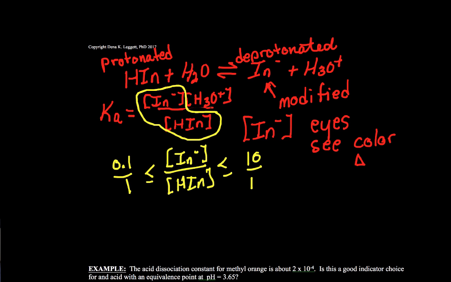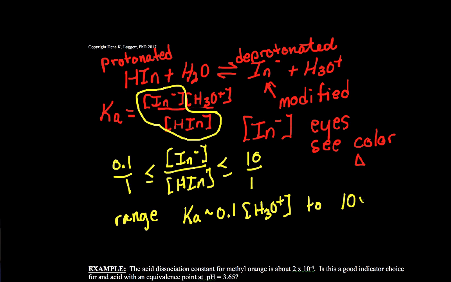So if I plugged those values into there, my range would be when I have a Ka on the order of 0.1 times my H3O plus, so that'd be one end of my range, and then I'm going to put the 10 in there, that 10 to 1 times my H3O plus.